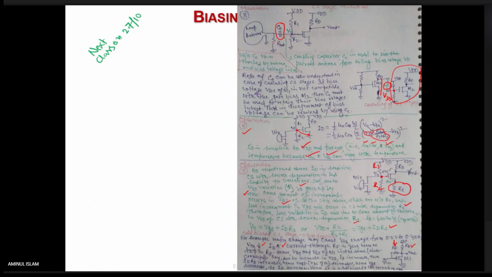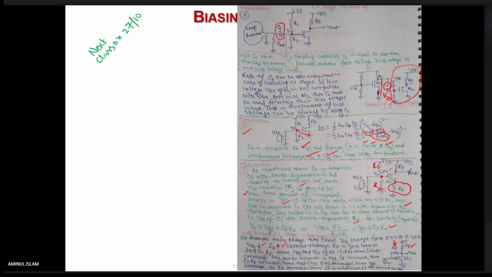Our antenna is shown here, and the antenna may short the VO if you don't use CC, a coupling capacitor. So we should use a coupling capacitor CC so that VO, which is a bias voltage generated from VDD by using voltage divider R1 and R2, is preserved. So that is one observation.